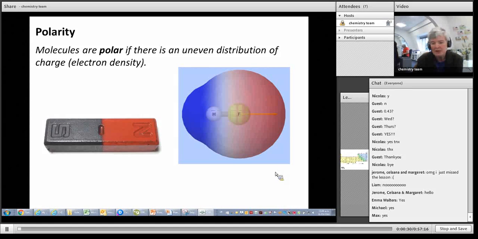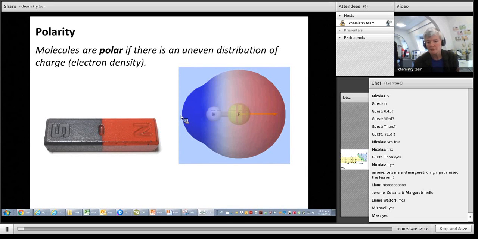Polarity. Remember last time we said if there's an uneven distribution of electrons around the central atom, so it's slightly negative on one side and slightly positive on the other, we say that there's a separation of charge. So we have a more negative end and a more positive end. That separation of charge we call a dipole.